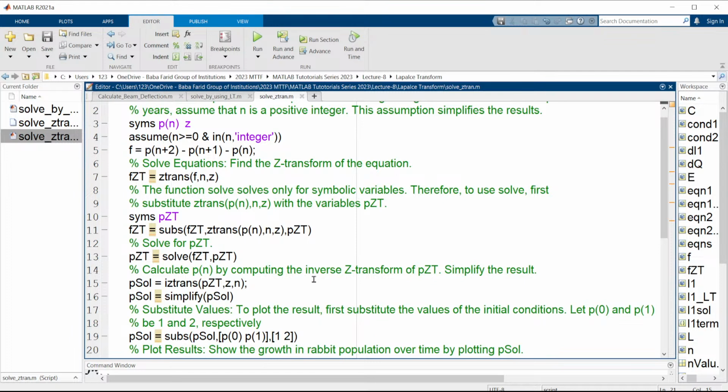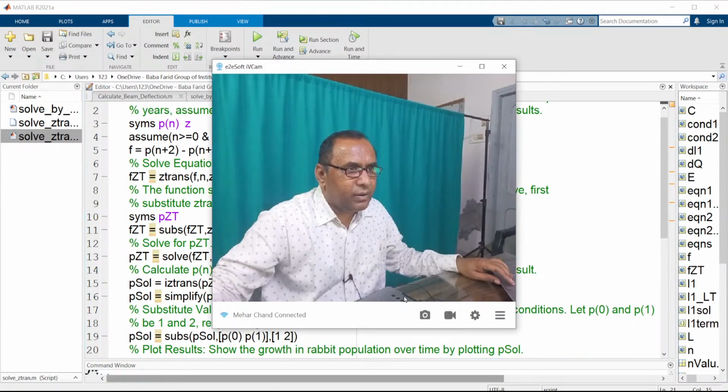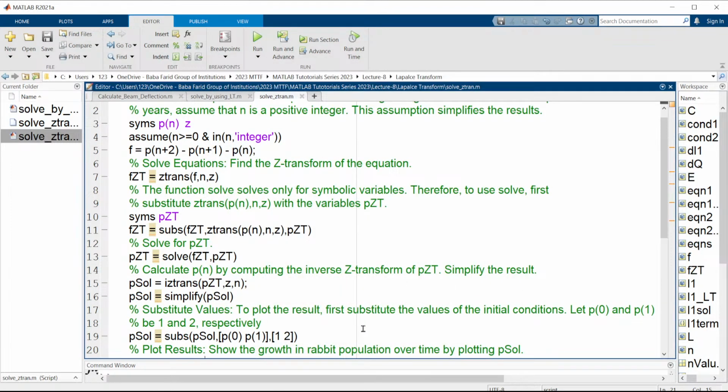Sorry, I think my voice was not getting to you. Just now I checked that my voice is not there. My mic was disconnected during the interruption. Now you are getting my voice. Please let me know. Are you getting my voice?